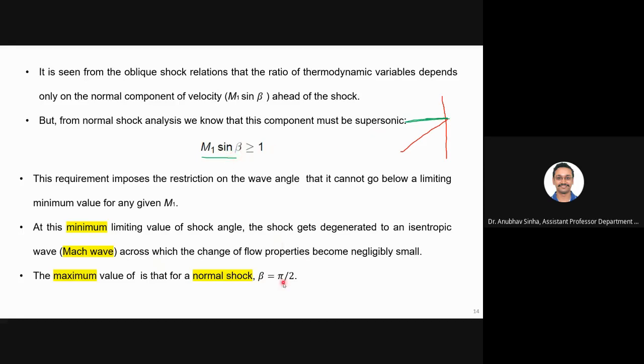If this is 90 degrees, it means it is a normal shock. So for the minimum value of beta, we get a Mach wave. For the maximum value of beta, we get a normal shock. Basically, you can think of normal shock as a special condition of oblique shock. Oblique shock is the more general treatment, and normal shock is a limiting case of that, where beta is 90 degrees.